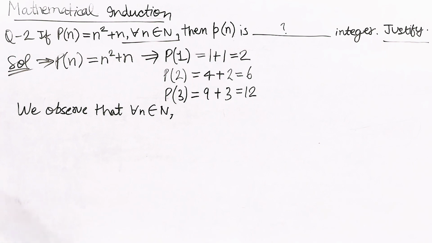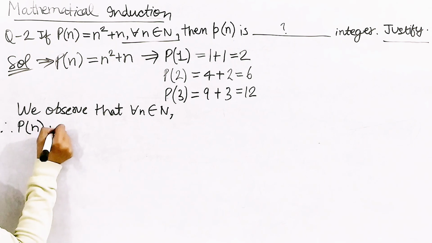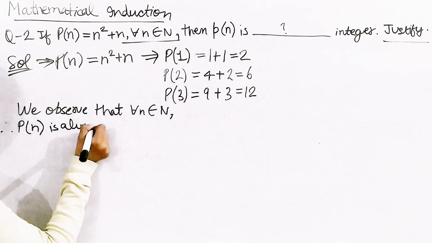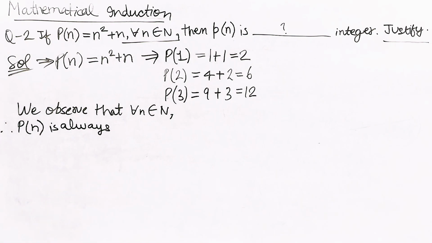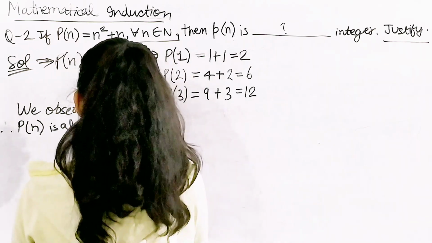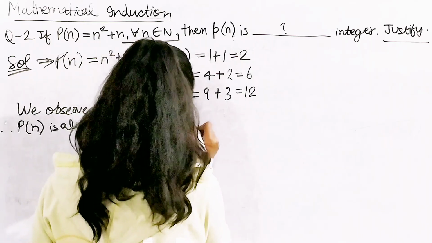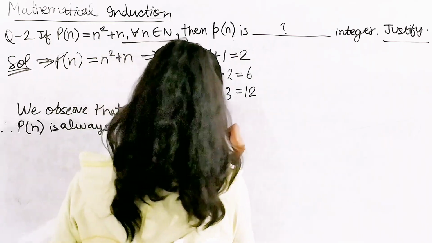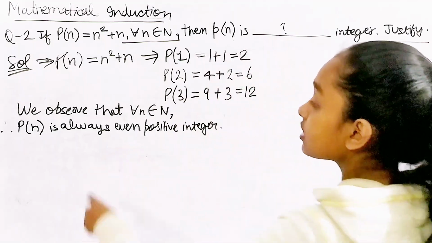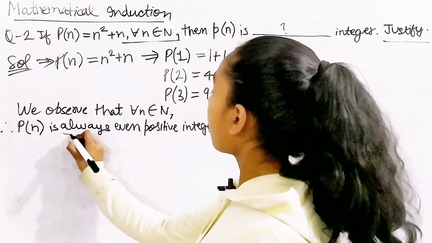So what I'm going to write here is that P of n is always, what is it going to be? It's a positive integer. P of n is always going to be an even positive integer.